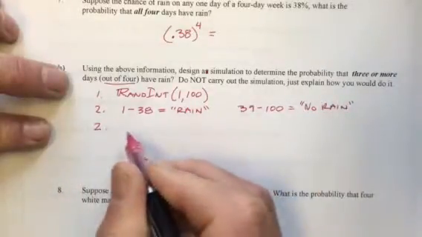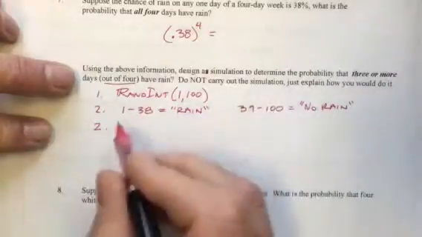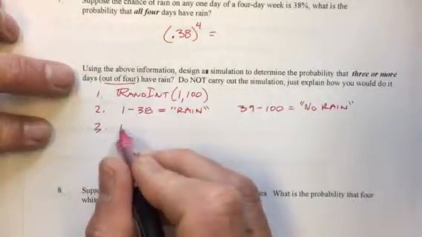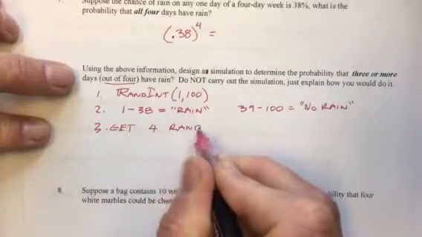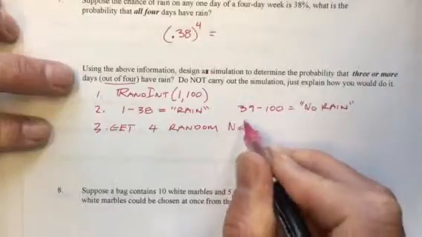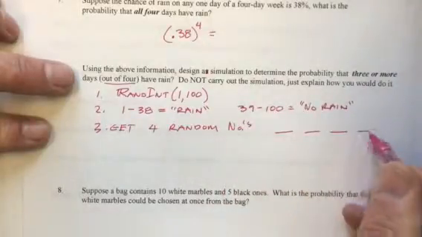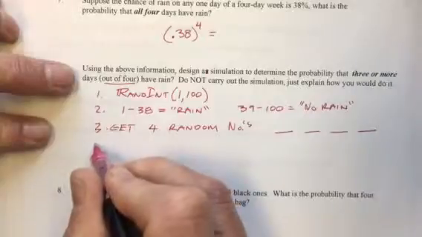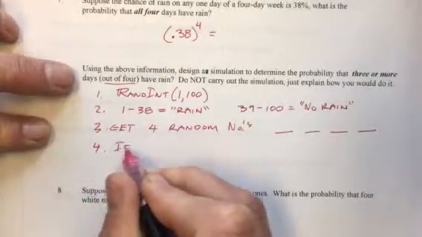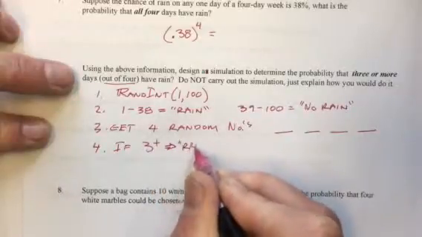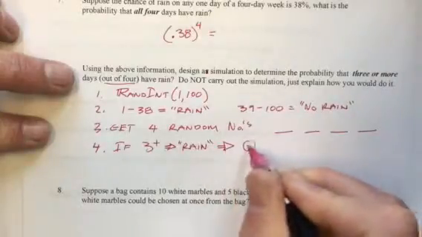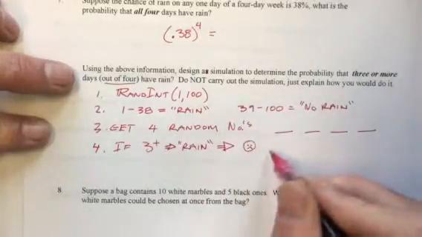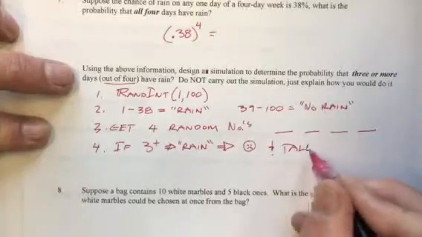Okay, so then I'm going to get 3 or more out of 4 days, so get 4 random numbers, 1, 2, 3, 4, and you say if 3 plus are rain, then I'm going to say, oh, that's a sad face, all right? And then keep a tally.